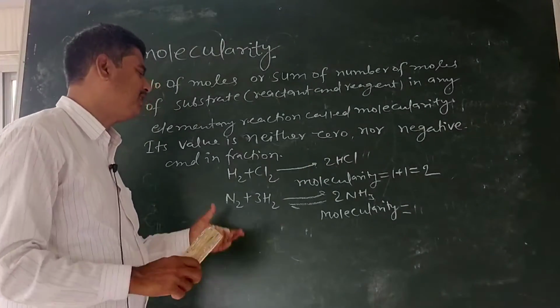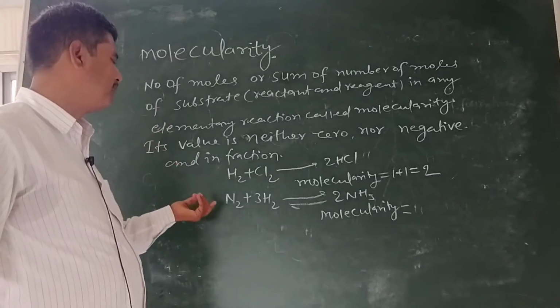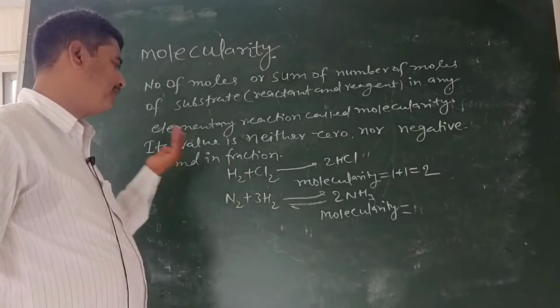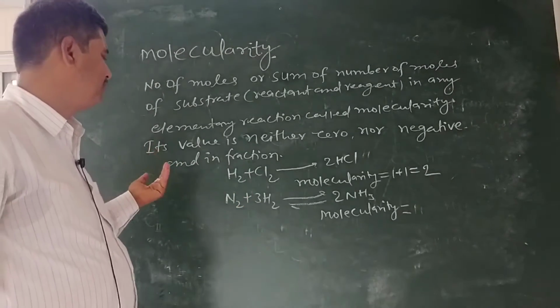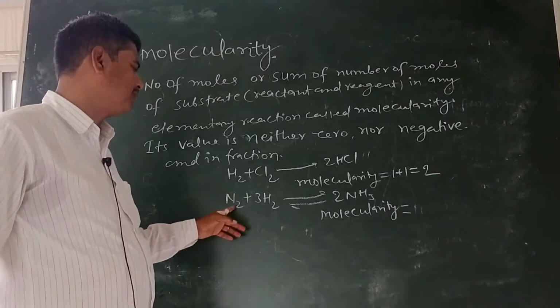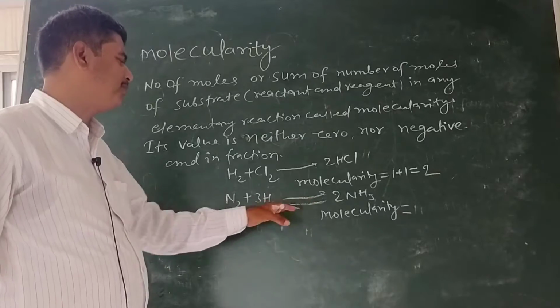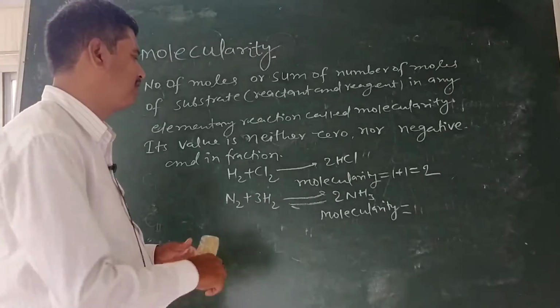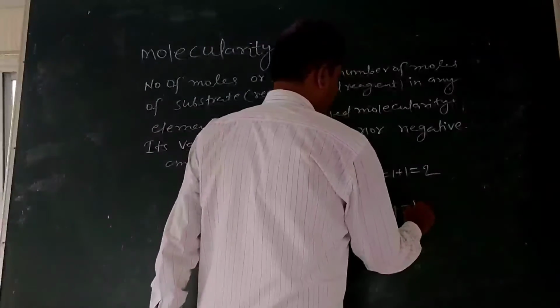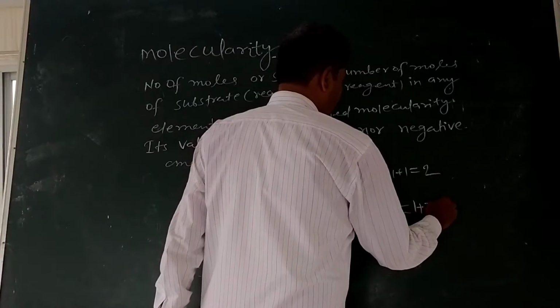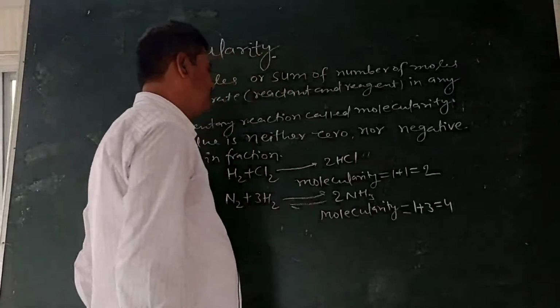So we have to see the mole number on the left hand side. So 1 mole nitrogen, 3 moles hydrogen, total 4. The molecularity will be taken as 4 for this reaction. 1 plus 3 equals 4.